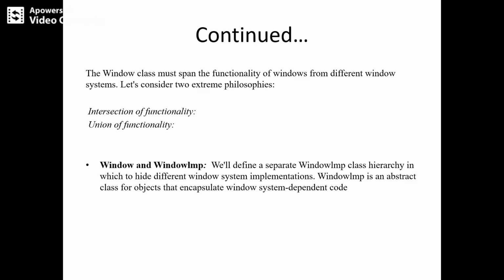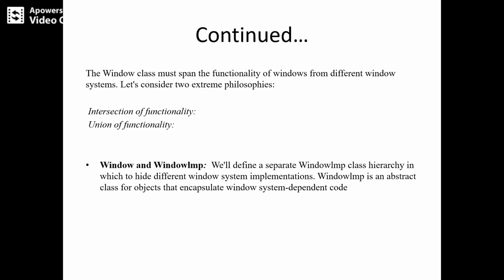Another philosophy is the union of functionality. Here we create an interface that incorporates all the capabilities of all existing systems. The difficulty is that the resulting interface may well be huge and incoherent. That is the trouble with this philosophy.